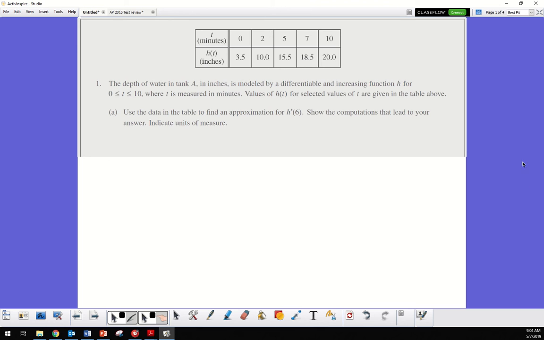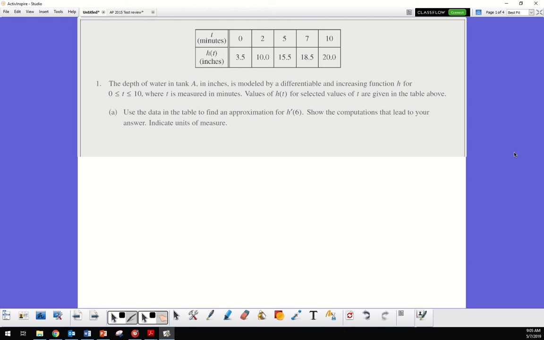So now, this is the BC exam, and the year on this one is a practice exam, 2016. For this one, it says depth of water in tank A in inches is modeled by a differentiable and increasing function. That's important, increasing function.